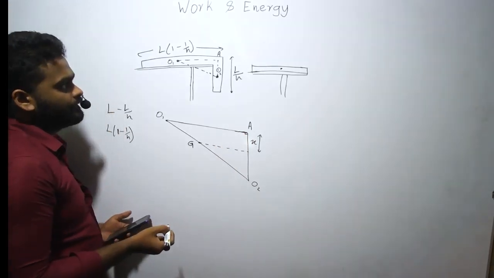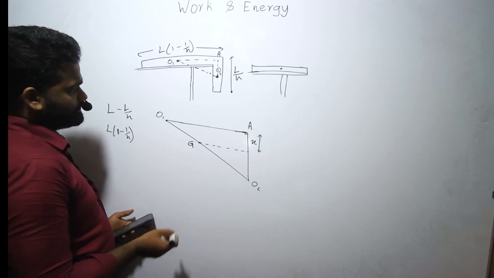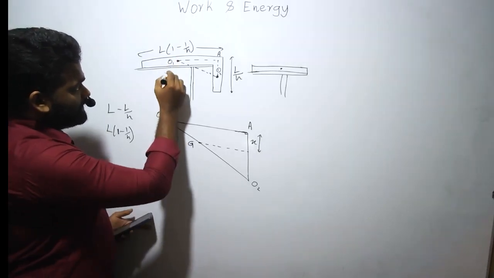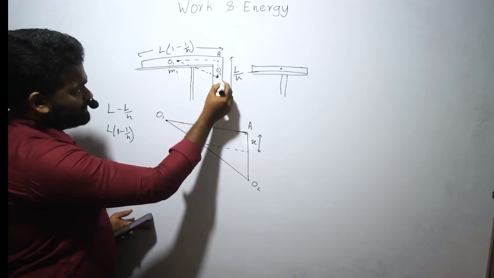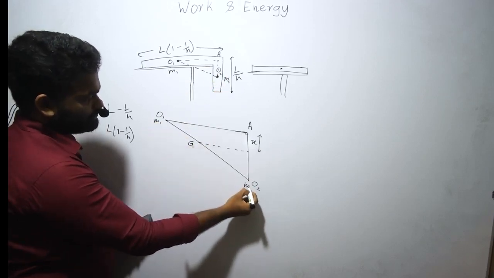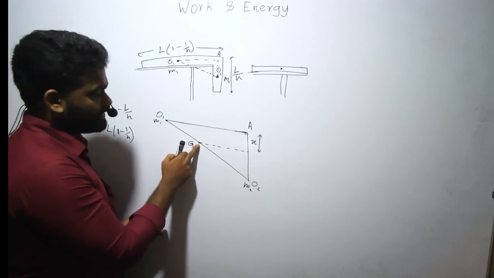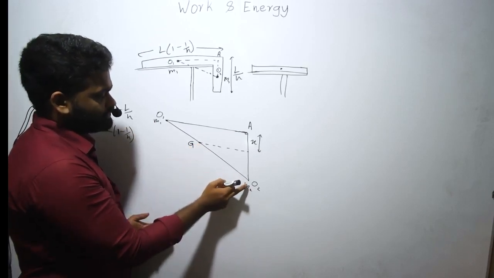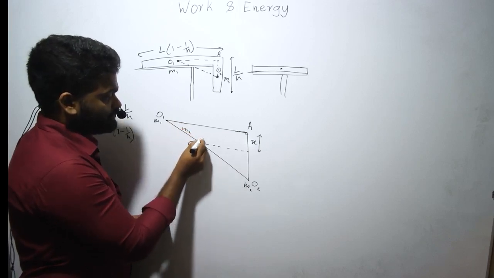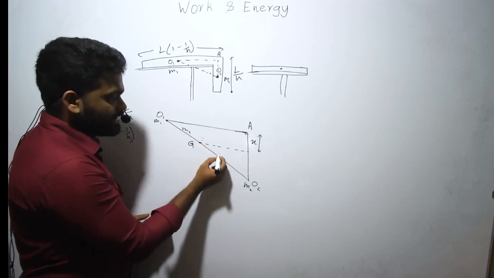Right. So how do you find that? We know that, let's say, this part has mass M1 and this part has mass M2. So you know that the center of gravity here divides the length in this proportion: this length is M2, this length is M1.